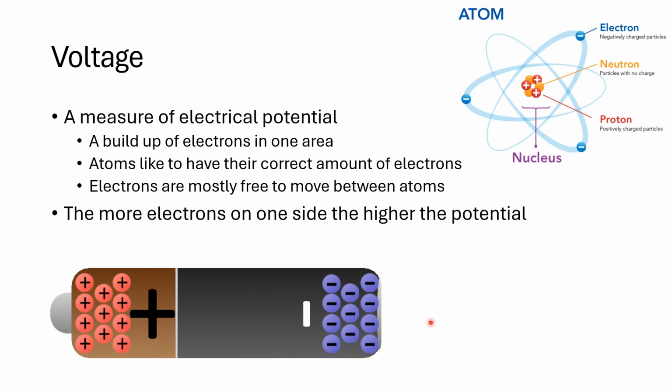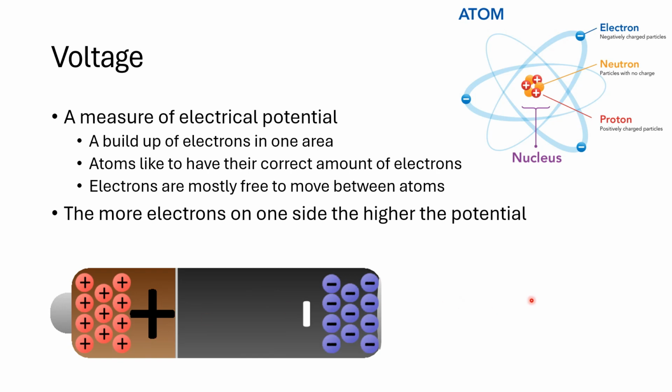So yeah, we have more electrons over here and we have a lack of electrons over here. So you're left with just the positive protons, and because of that separation, there is a potential. So all of these electrons would like to be over here to keep everything balanced, but we added some energy into the system, we charged that battery, and they are separated.